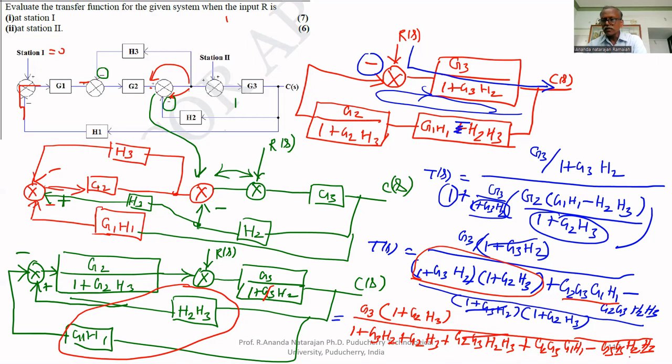These two terms getting cancelled. Therefore, the overall transfer function is, in the numerator G3 multiplied by 1 plus G2H3, in the denominator 1 plus G3H2 plus G2H3 plus G2G3G1H1. That's all.